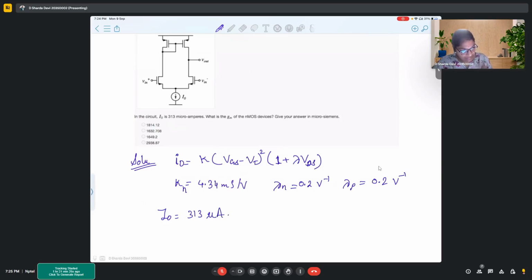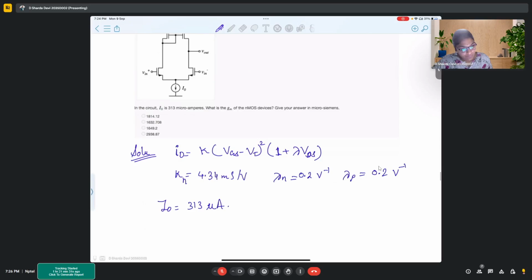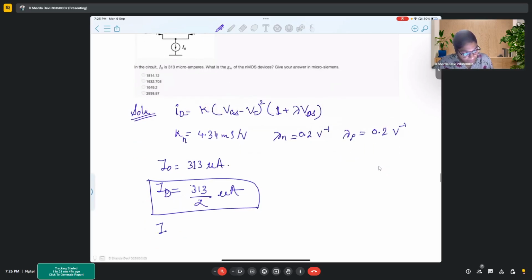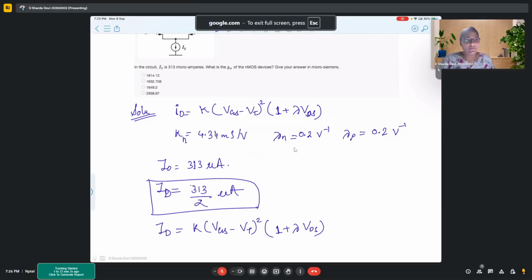What is the gm of the NMOS device? Okay, so if I naught is 313 microampere, ID will be 313 by 2 microamps, correct? Because half of the current will flow through each branch. ID is K (VGS minus VT) whole square times (1 plus lambda VDS).